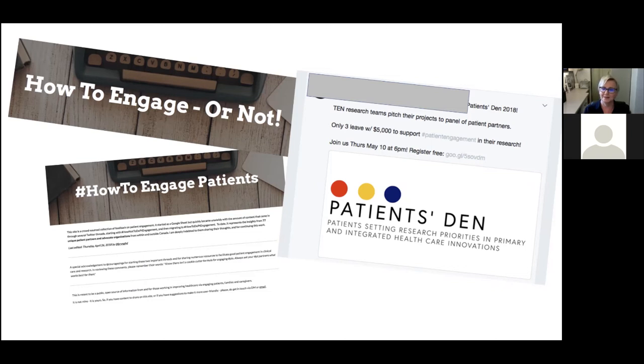So it's not in this slide, but I have seen the hashtag how not to engage patients going along with how to engage patients. So these are really important sites for most of us to have a look at if we're interested in patient engagement and begin to learn what are some of the issues being brought forward about the difference between perhaps the aims and intentions of patient engagement and potential areas where the activities end up falling a bit short of those aims.